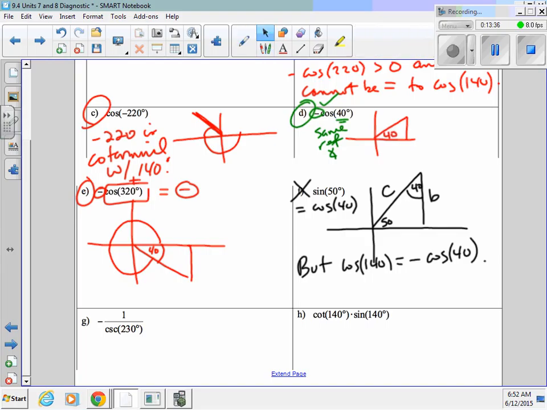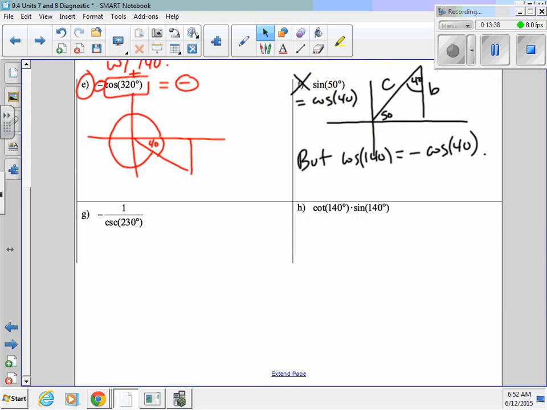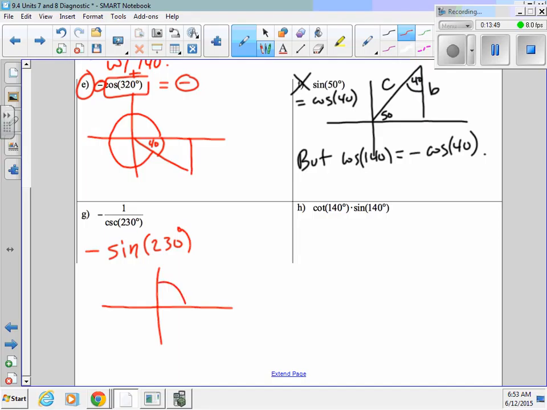All right, F, we have negative 1 over cosecant of 230. That's the same thing as negative sine of 230. And 230 is in the third quadrant, so we have 1, 2, 3. With a reference angle of 50 again.